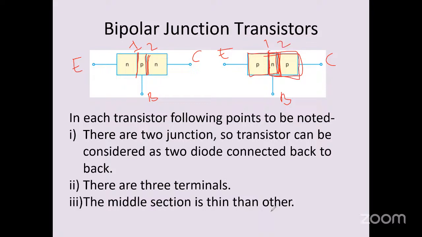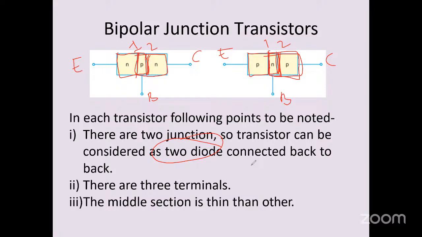Is it clear? So the two junction diodes are there. So the transistor can be considered as two diodes connected back to back. The first diode is this one, and the second diode is this one.